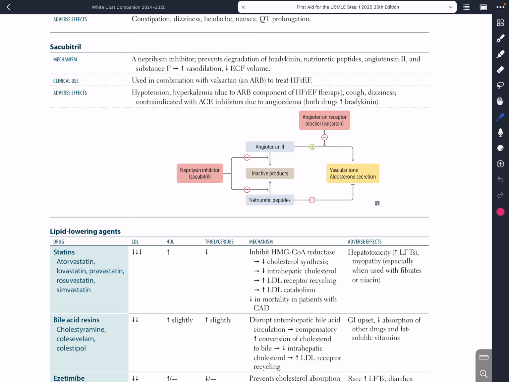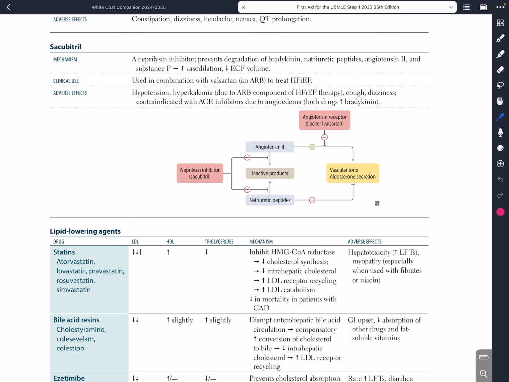The clinical use of sacubitril is that it is used along with valsartan, which is an ARB, angiotensin receptor blocker, to treat HFrEF, heart failure with reduced ejection fraction.